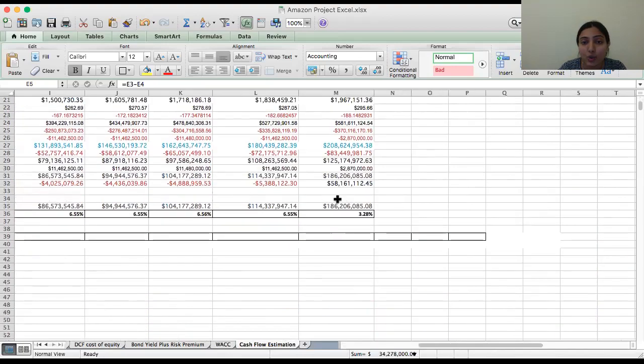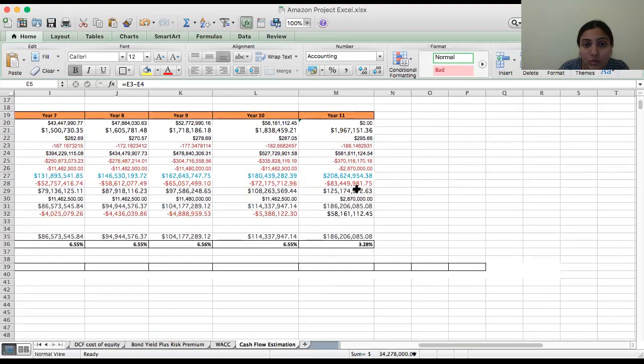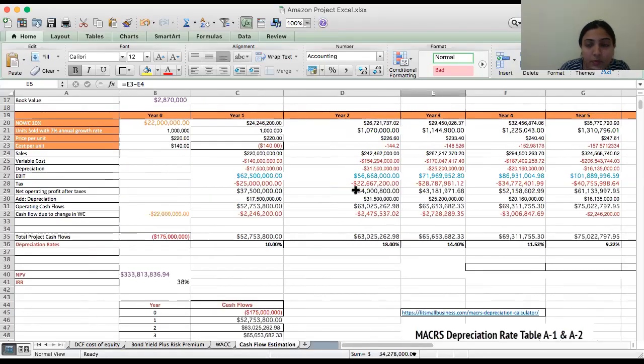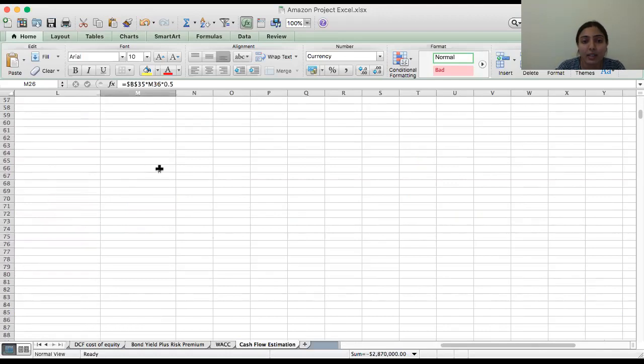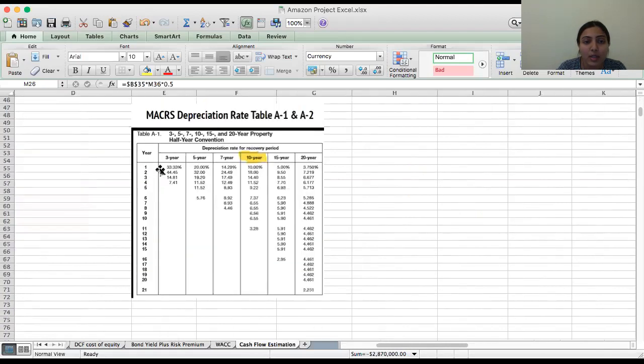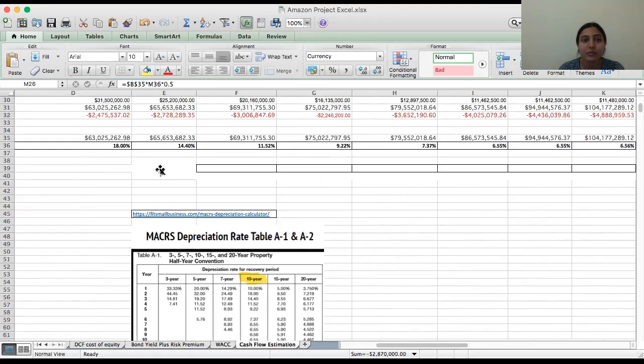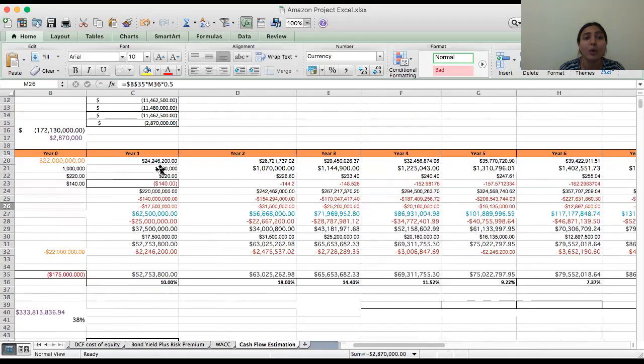Like I will show you how. See, I multiplied it by 0.5. The 11th year depreciation rate was 3.28, multiplied by 0.5. And just to avoid the book value 0.